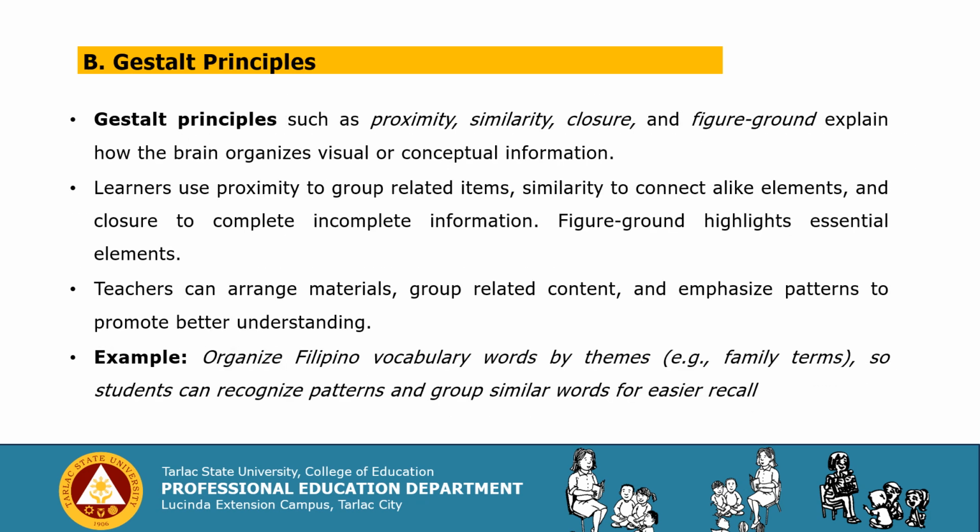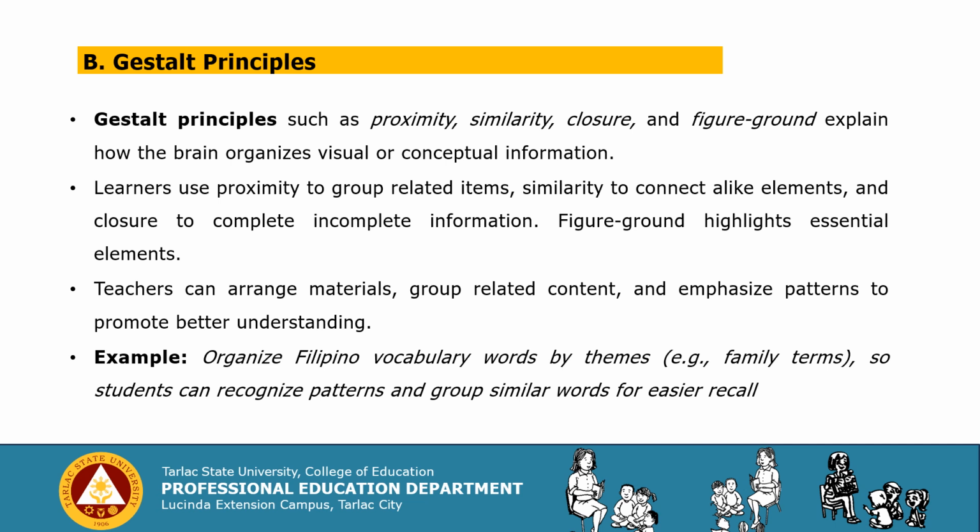Let us now proceed with letter B. Gestalt theory also includes specific principles that explain how our minds organize information both visually and conceptually, which are the Gestalt principles. These principles include proximity.